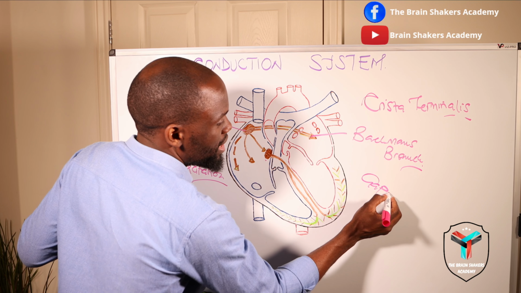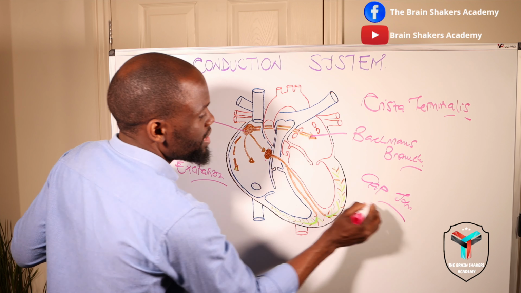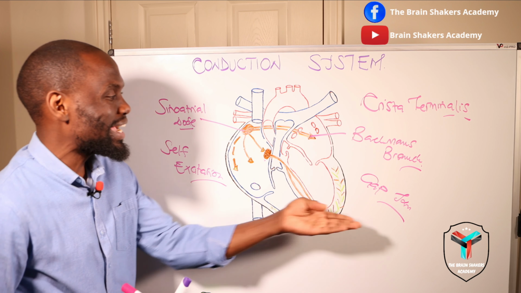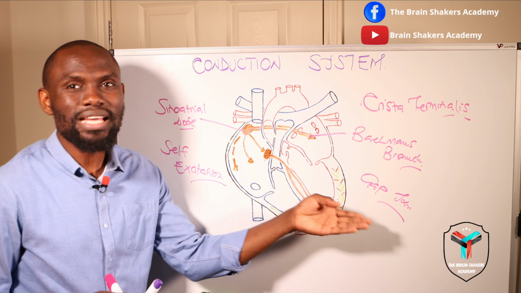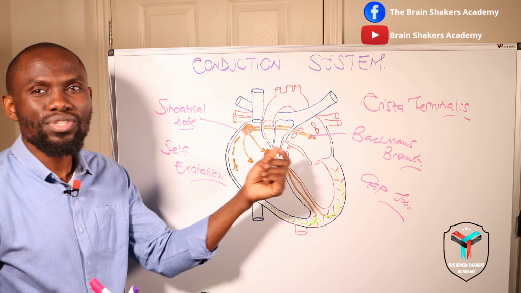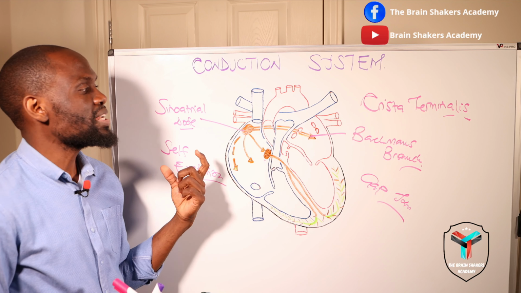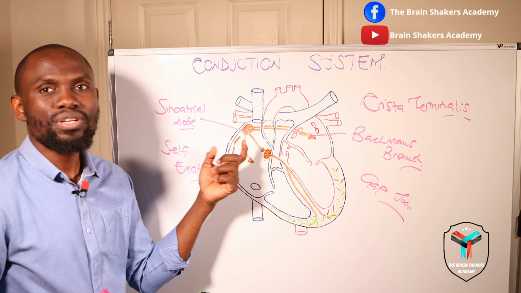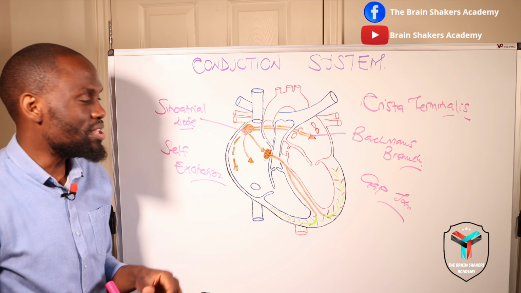The cells within the heart possess gap junctions. The gap junctions are the ones that allow for the fast and rapid transmission of those action potentials, so that there is no delay in the left atrium contracting at the same time as the right atrium.